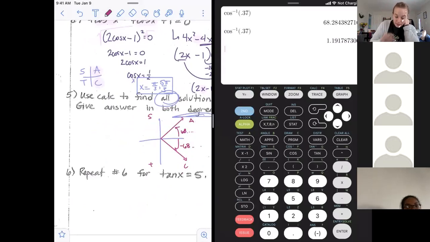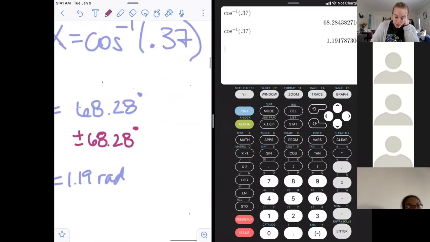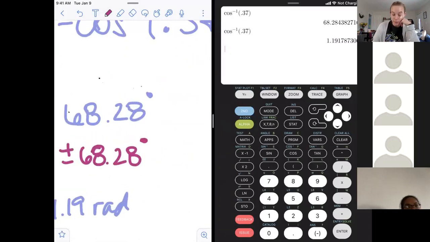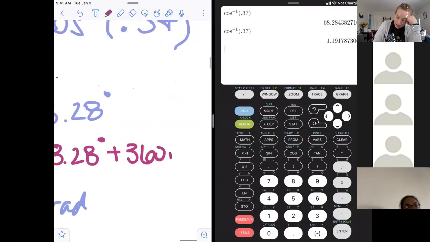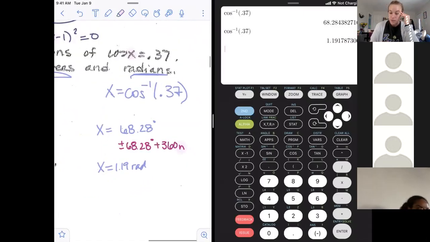So in order to represent that, we say plus or minus 68.28 plus 360 n. That n is any whole number amount of times around my unit circle. So I could go 5 times around the unit circle and the same answer would be 68.28 plus whatever 5 times around the unit circle would be.